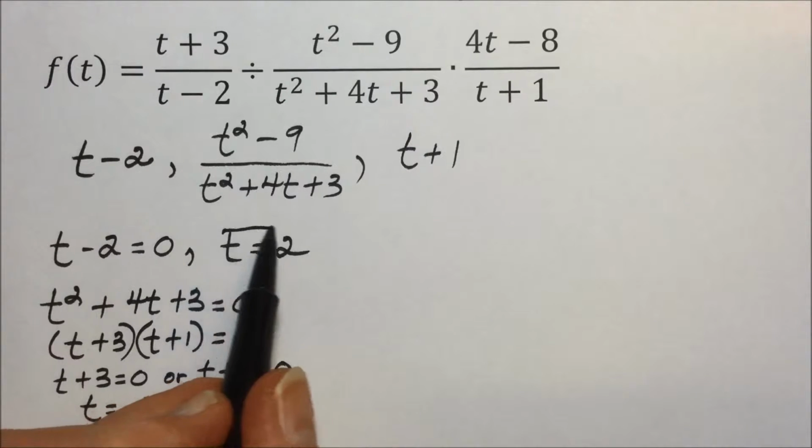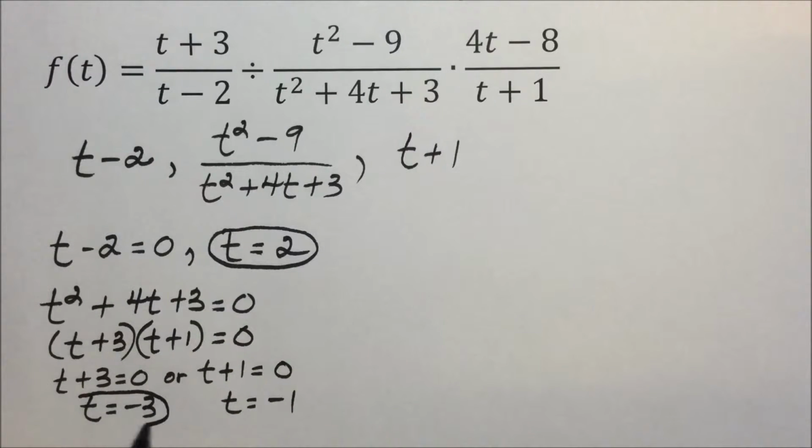So we have so far t equals 2, t equals negative 3, t equals negative 1. Those will cause zeros in the denominator that we will restrict our domain from those values.